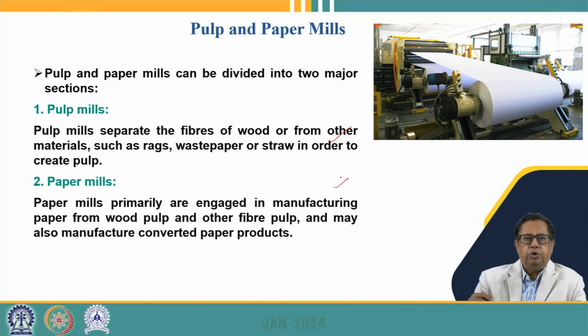Once the pulp is produced, it may be taken to the paper mills, where different types of paper, paper products, and converted paper products may be manufactured from the pulp generated in the pulp mills. When we have both these industries together, they are known as integrated pulp and paper mills.